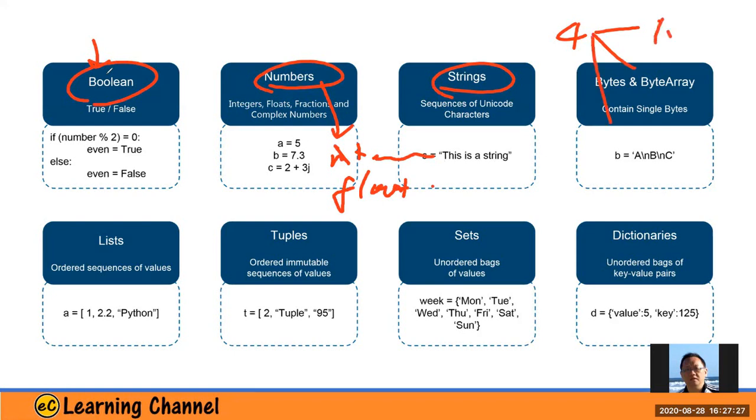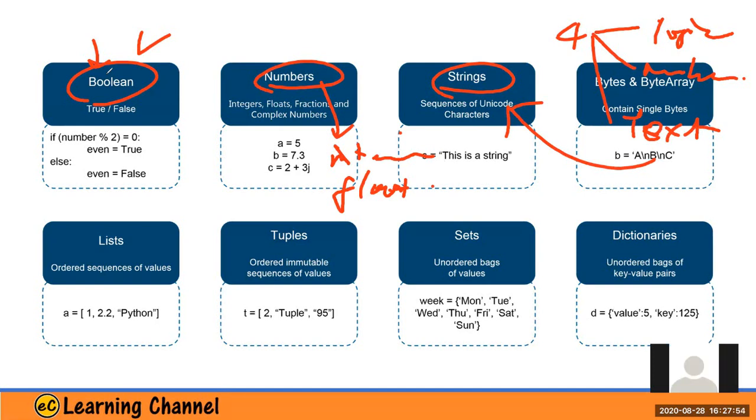One is logic data, that's Boolean. The second type is numbers, where you have integer and floating point. And the next one is text data, which we call string. Is that okay so far? Helen, can you understand so far?